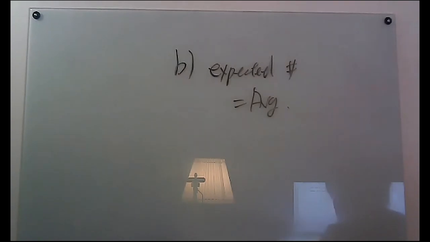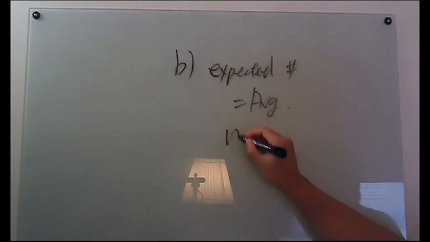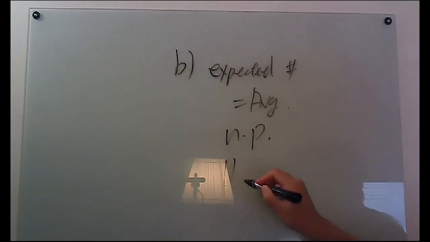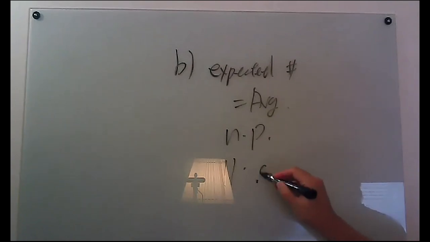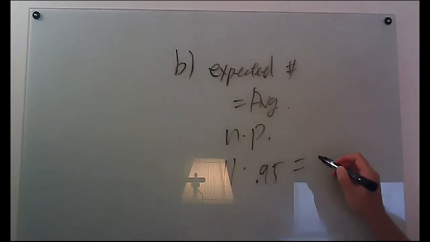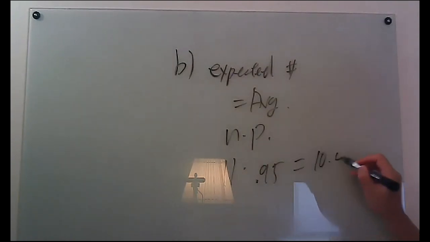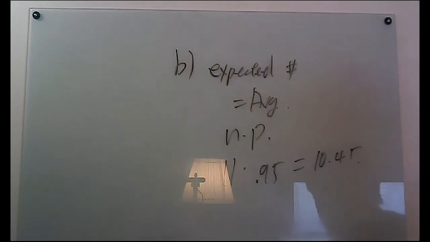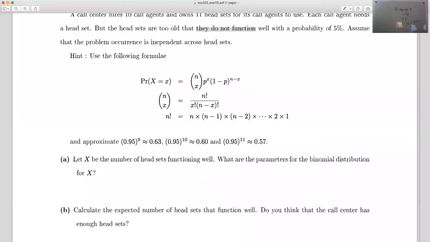If you go back to the slide, I think slide 3, and again explained in slide 5, it's n times p. So n was 11, p was 0.95. So it's going to be 10.45. That means on average, I expect the number of working headsets to be 10.45. That is the answer for B. I shouldn't give you this answer, but anyhow.